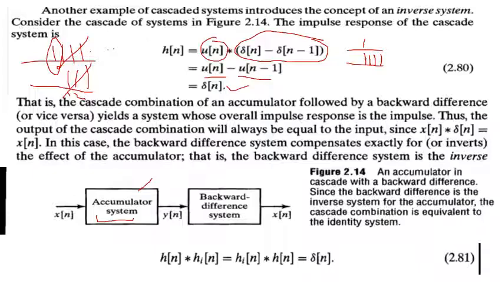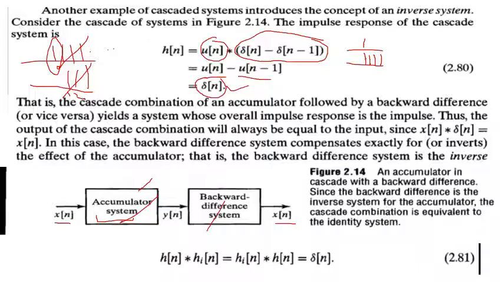It adds previous and current values, whereas the backward difference subtracts. So ultimately both systems are cancelling the effect of each other. So the overall response is delta of n. It means that whatever is at the input will be the output. So these two systems are actually cancelling out each other. That's why whatever is the input will become the output.